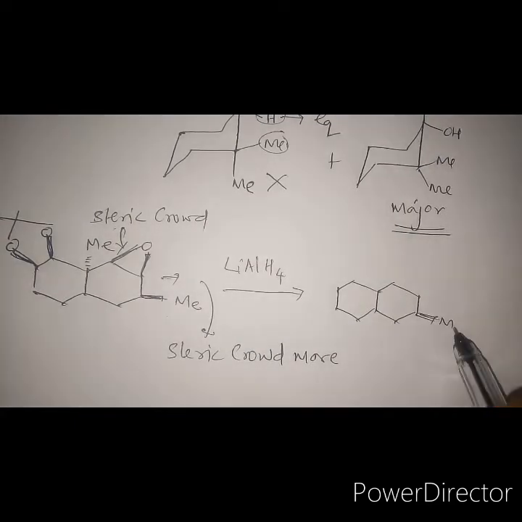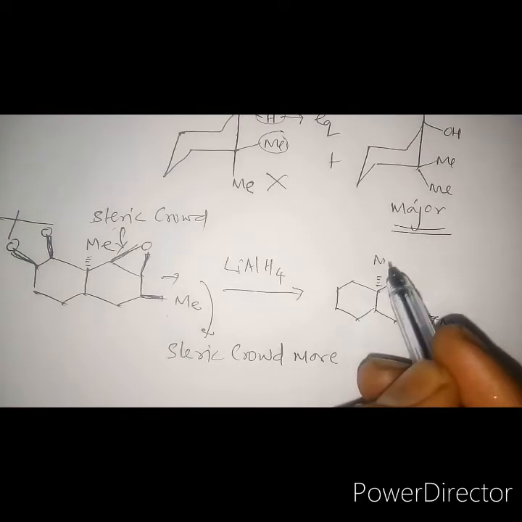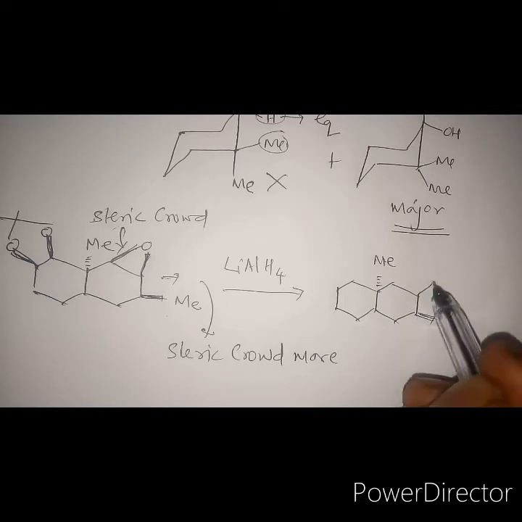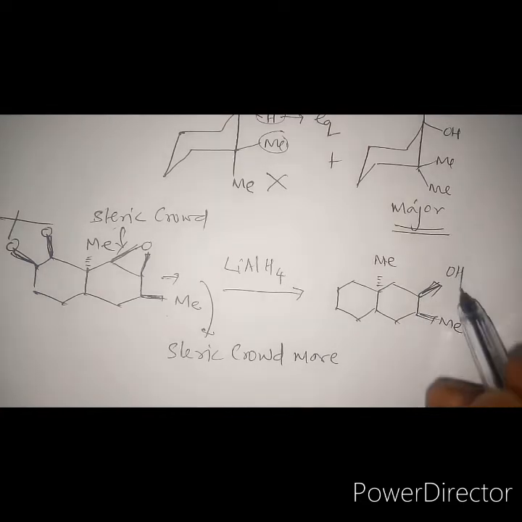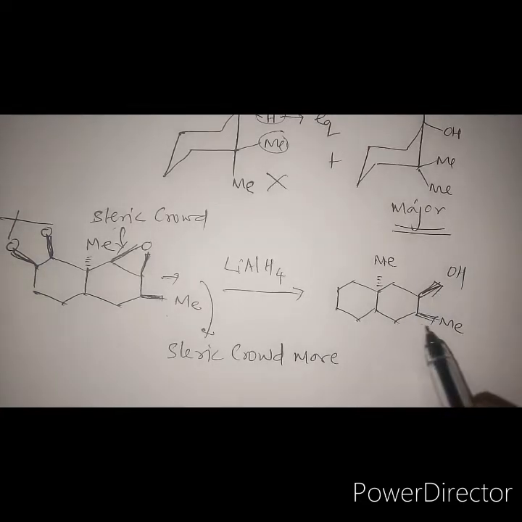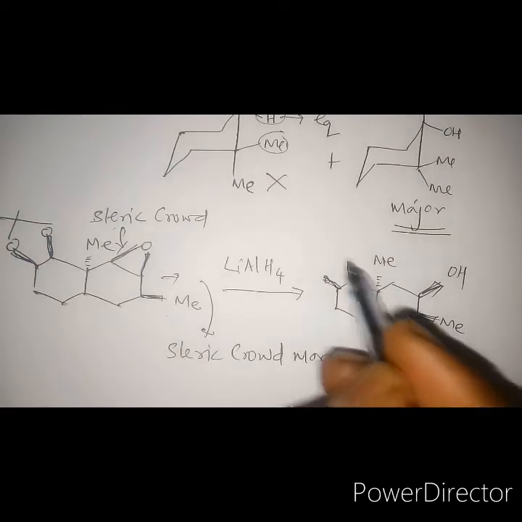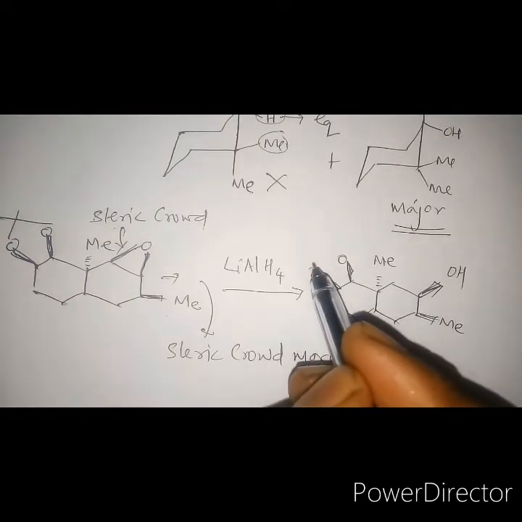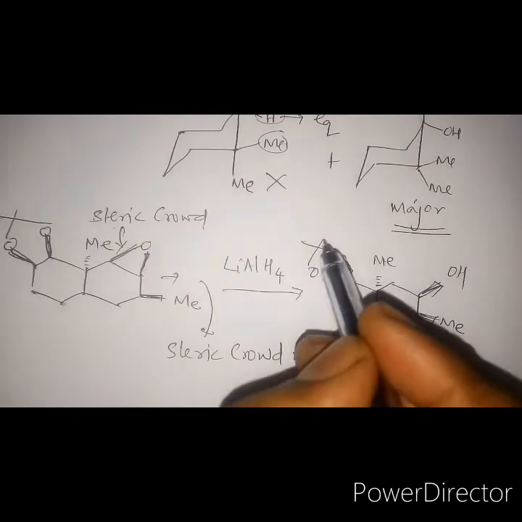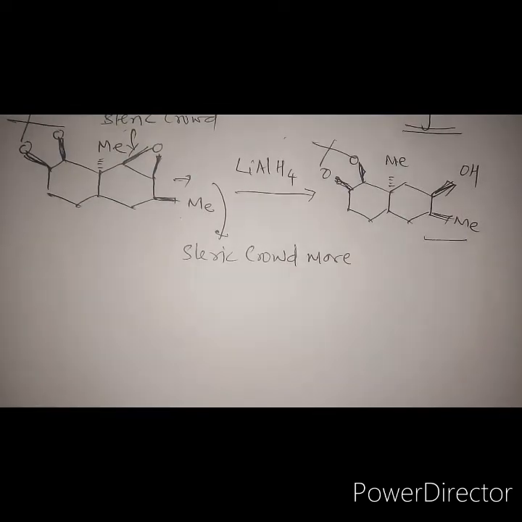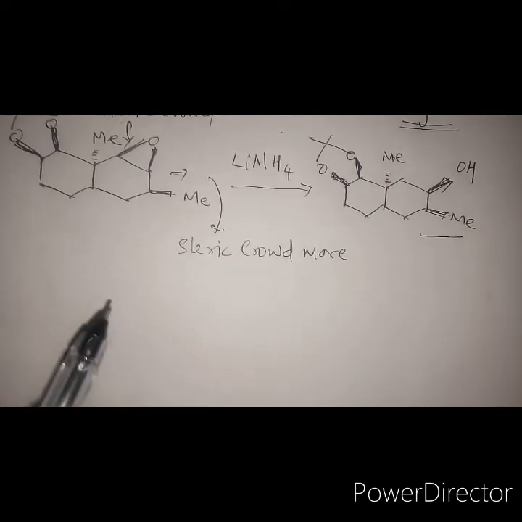This is methyl, the H will be transferred here, and we will get OH here. So this is the product. So this is the reduction of epoxides.